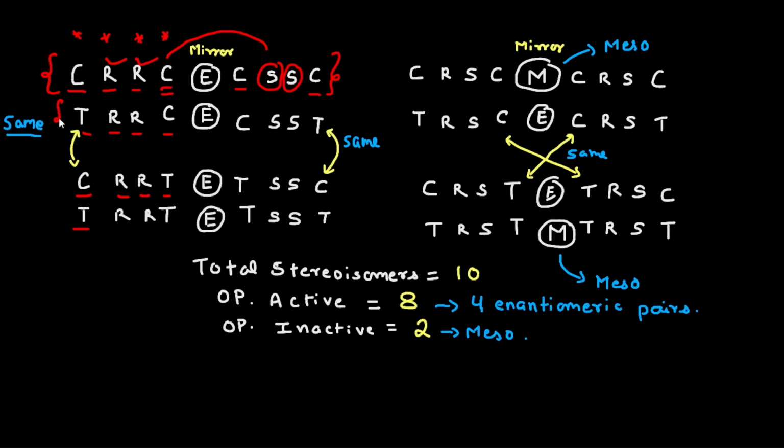Similarly, if you take the second possibility, the two are not superimposable on each other. Why? Because these two are R and these two are S. These are never going to superimpose on each other.